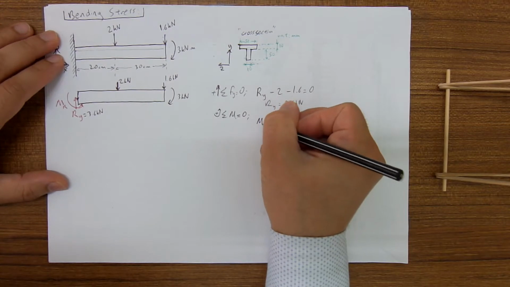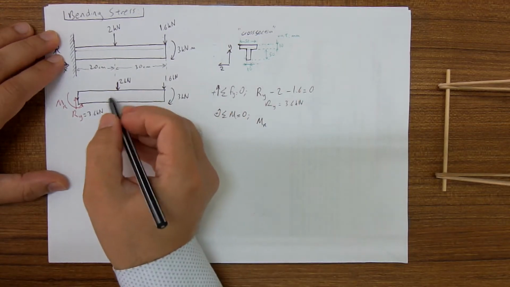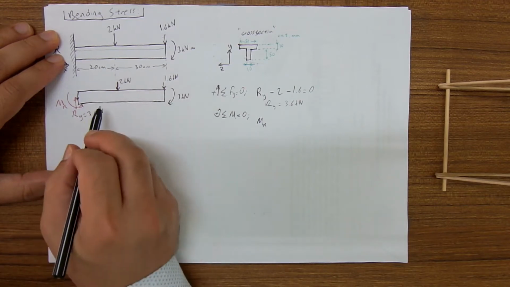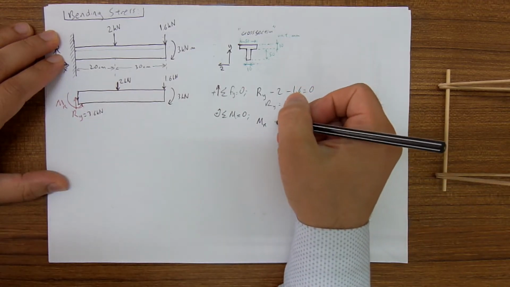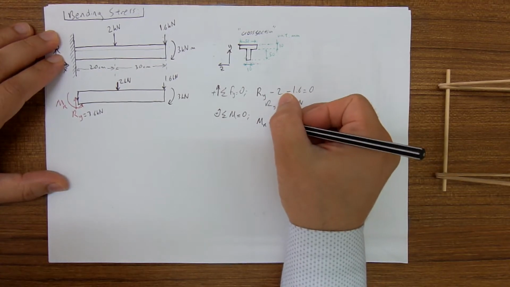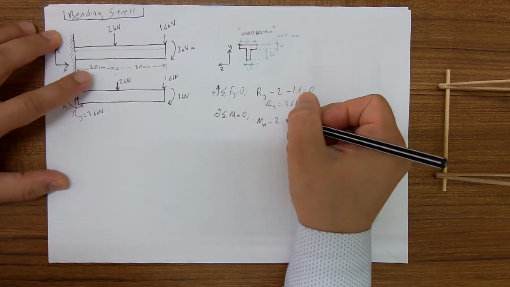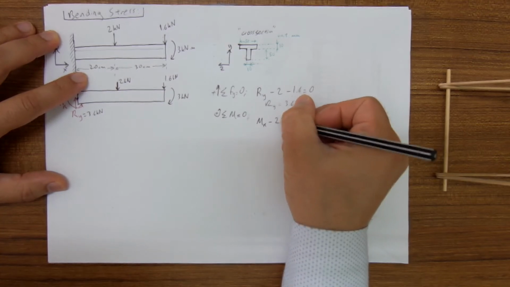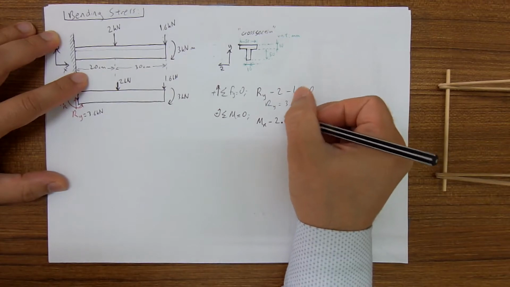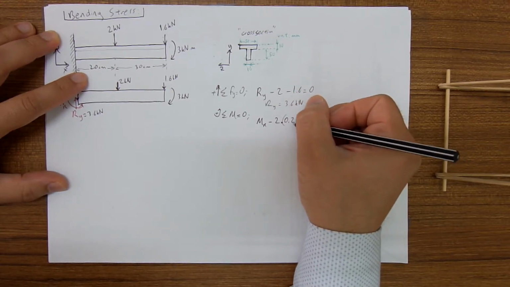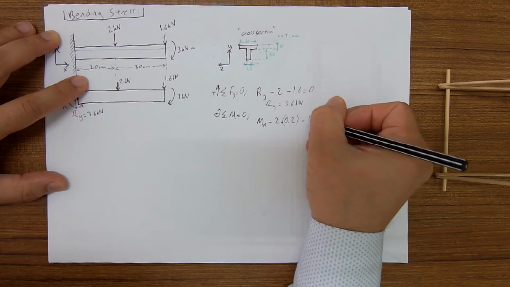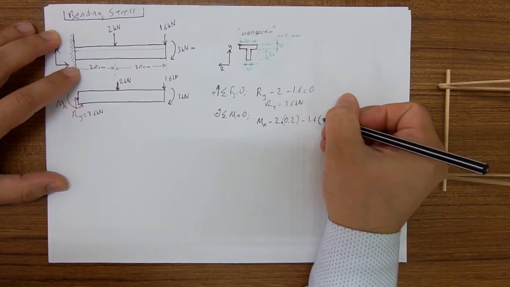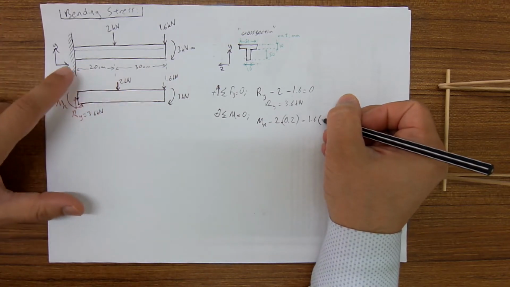Mr is in positive direction. 2 kilonewton rotates the beam around this point in the clockwise direction, so it is negative. 2 times 20 centimeters, I write it 0.2 meters. 1.6 kilonewton also rotates it in negative direction, and it is 0.5 meters.